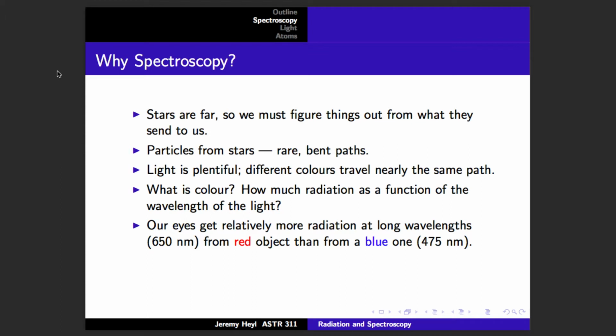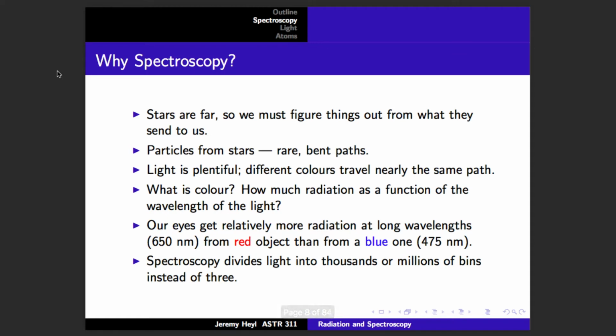Whereas we can perceive something like 5, 6 octaves of sound, between the lowest sounds you can perceive, maybe around 20 hertz, going all the way up to 10,000. Maybe it's closer to 8 or 9 octaves. In light, what we see with our eye is a very, very narrow range. So that's important to realize.